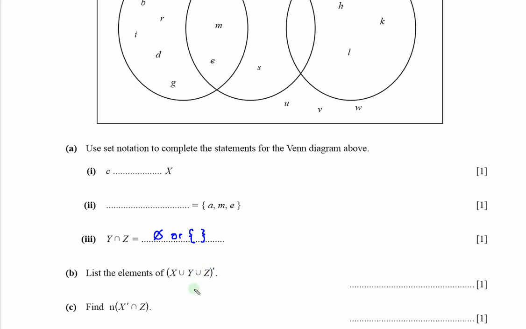Now this one, what we have to do is shade this first, before we go into this. After you shade the area that represents this, then you list down the elements.